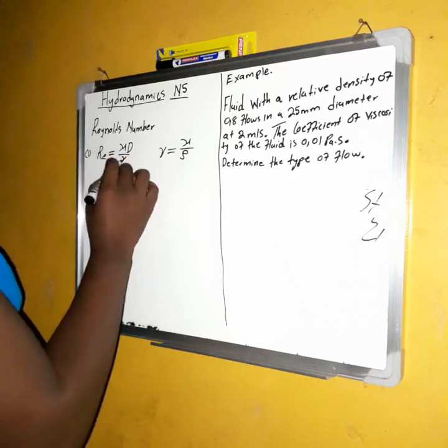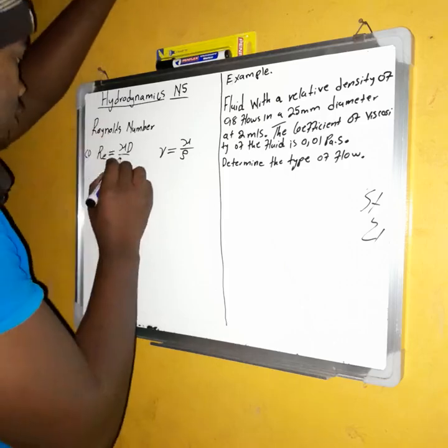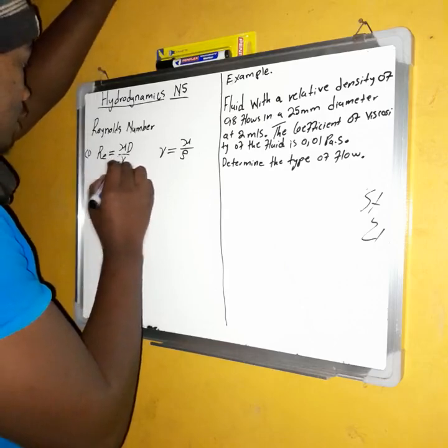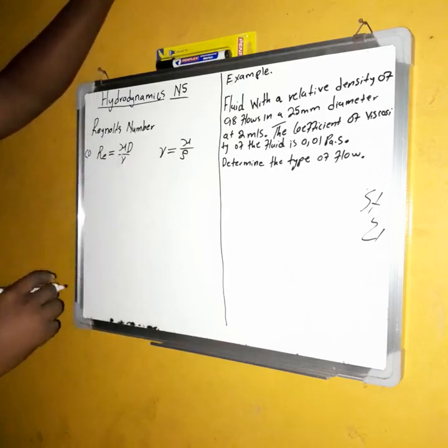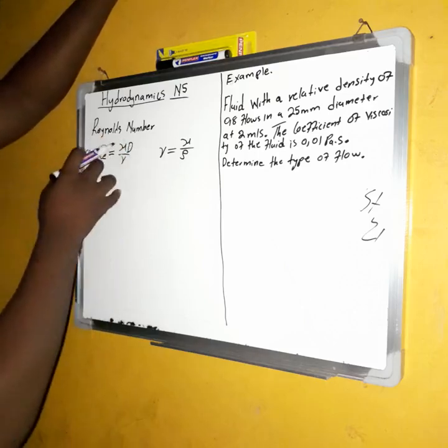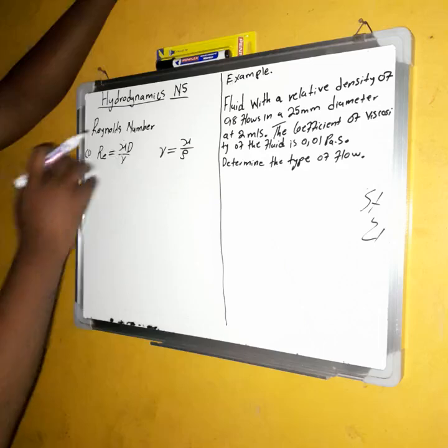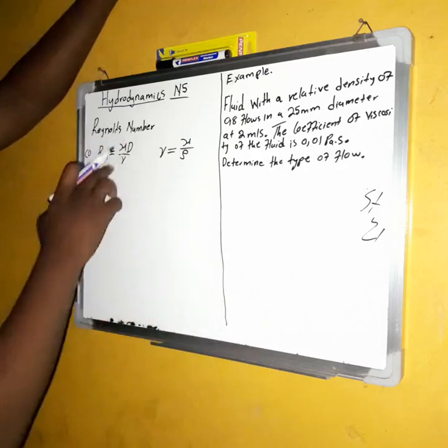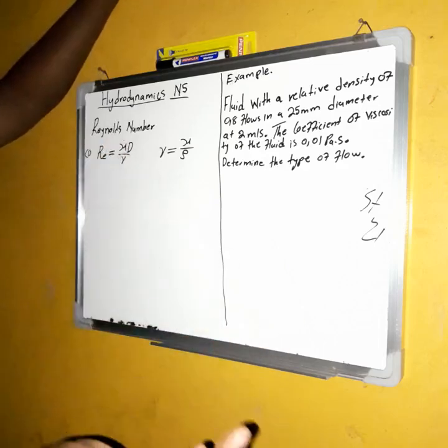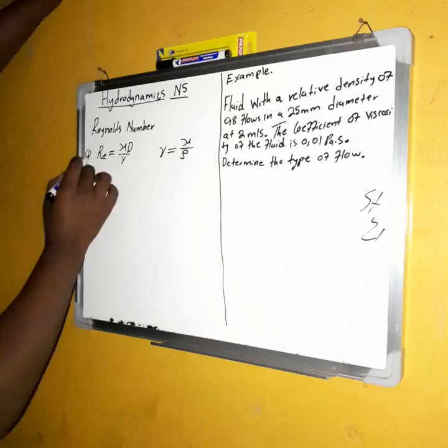It's the coefficient of viscosity divided by diameter divided by kinematic viscosity. Mu represents the coefficient of viscosity, this is the diameter of the certain pipe, and this is the kinematic viscosity. So this is formula 1.